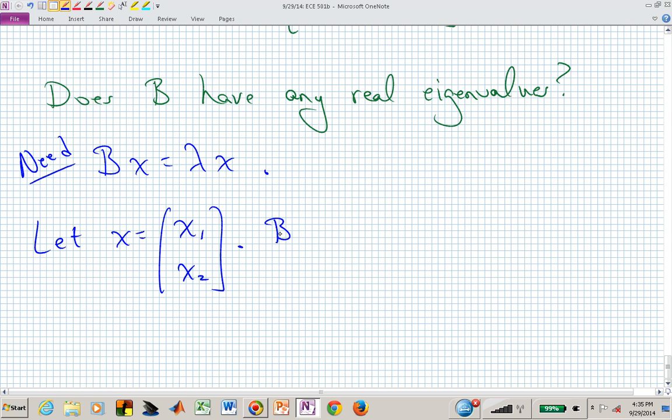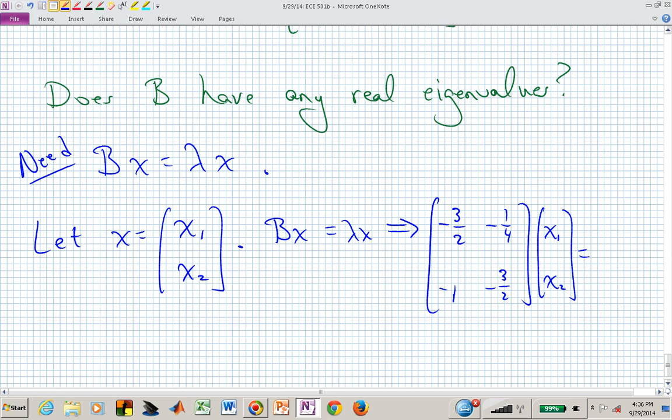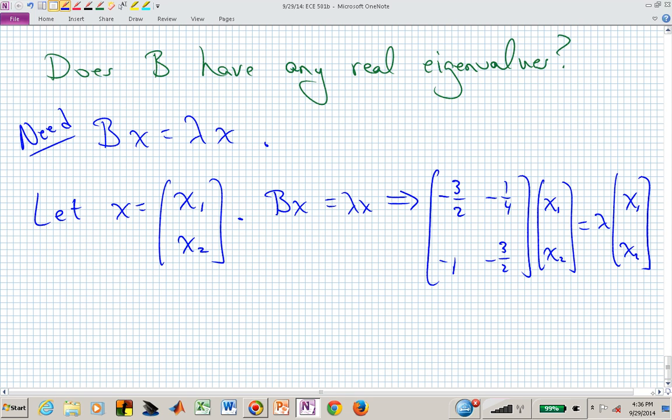If we now use that in Bx equal to lambda x, we have the following relationship, which gives us two equations.